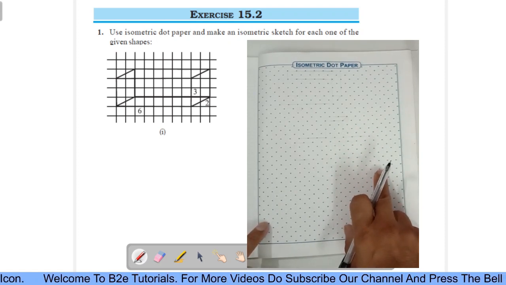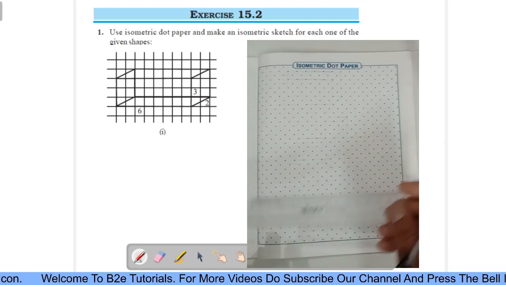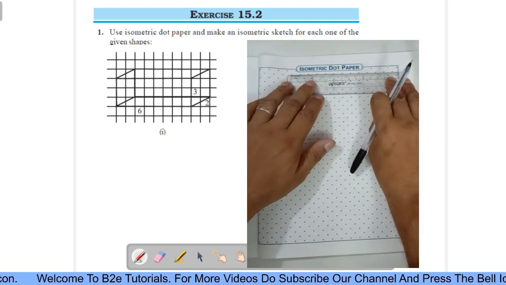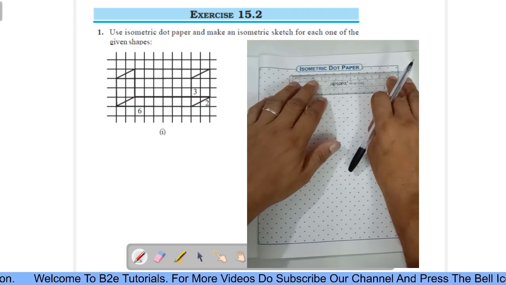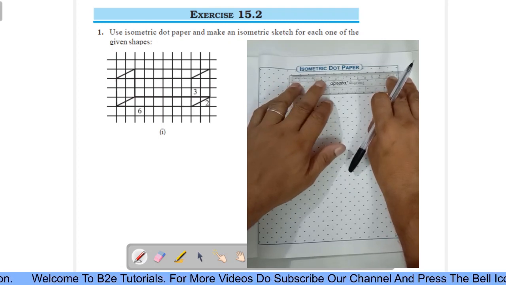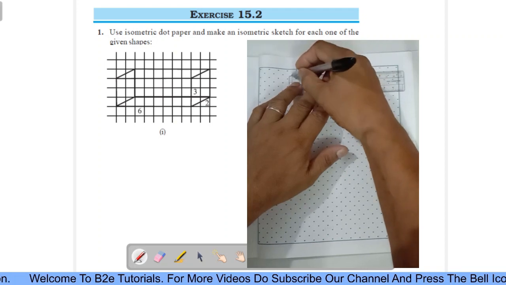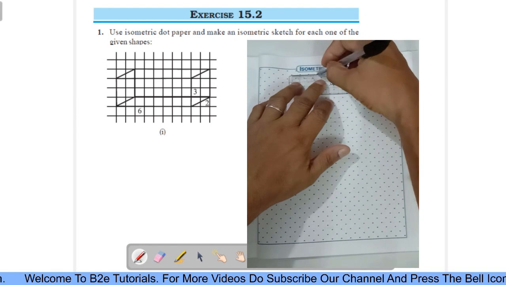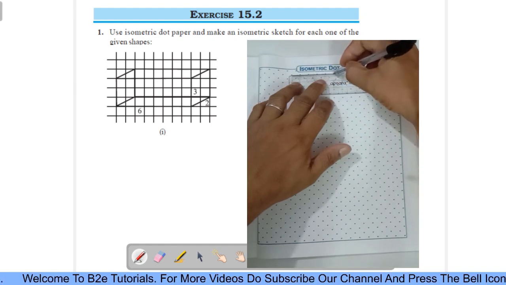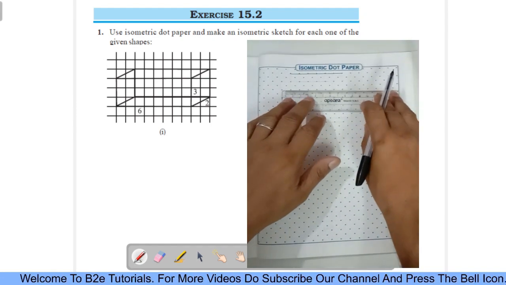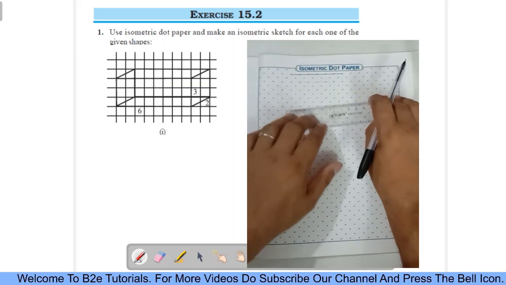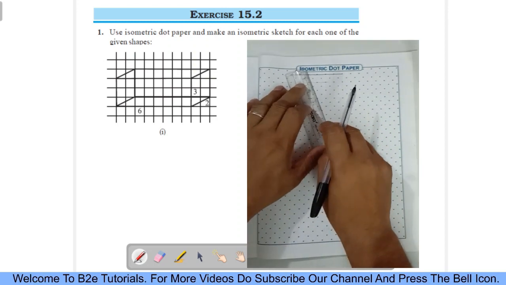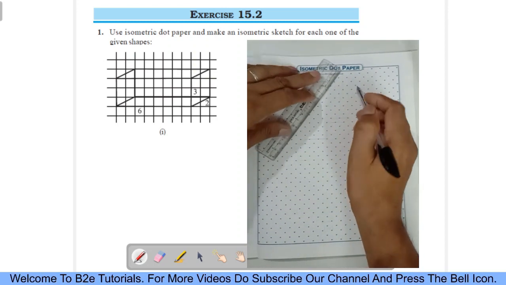Now the first part. Here the length is 6 centimeter. Take 6 dots, that is 1, 2, 3, 4, 5, 6. Then the breadth is 2 centimeter.